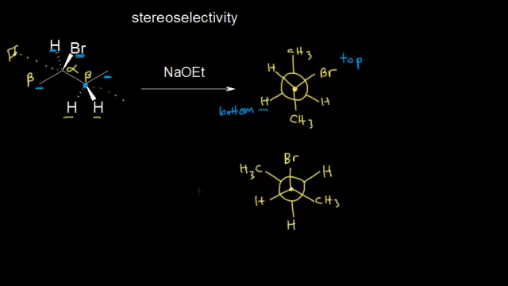And we could even draw this in a sawhorse projection, so it's even a little bit easier to see. So let's go ahead and draw it in a sawhorse projection. So there's my front carbon. So let me go ahead and draw in my bonds in my front carbon. And then my back carbon is going to be back here, shaped like a Y this time, so it's going to look something like that. All right, so on my front carbon, right, there was a bromine going up.